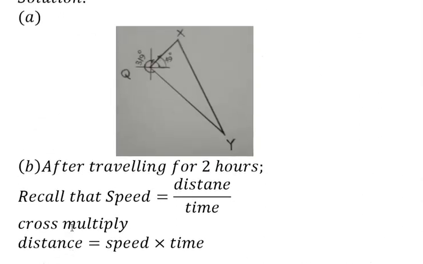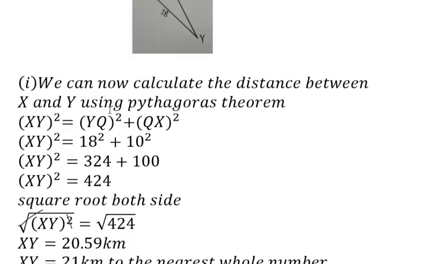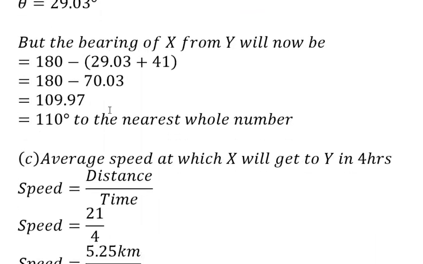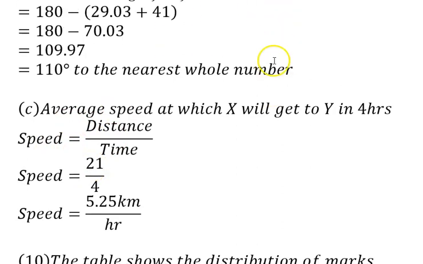And lastly, for this question number 9, let's check question C. Find the average speed at which cyclist X will get to Y in 4 hours. Don't forget, speed is distance over time. The average speed in 4 hours. So we know the distance already, which is 21.